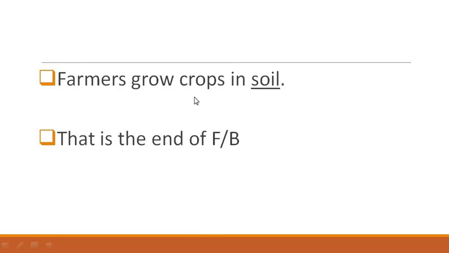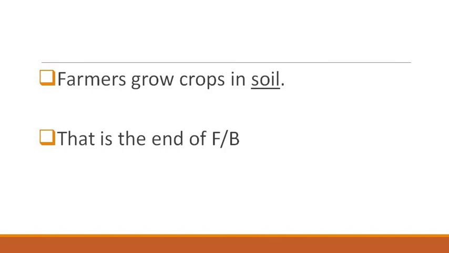Farmers grow crops in dash. Now where do they grow the crops? See, I showed you the picture in the first lecture. That is why I ask you to watch the video lectures regularly, if not on TV channels, at least on the YouTube channels, so that even if I want to connect you to a previous lecture, you remember it.